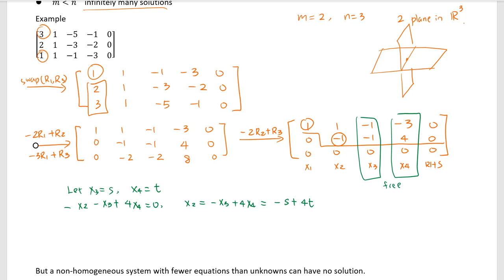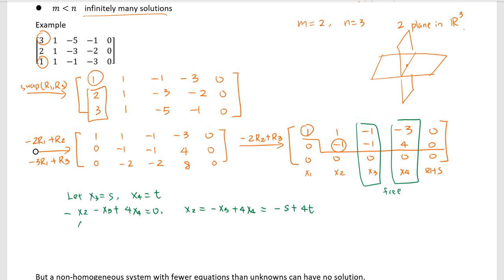And then look at the first row. First row tells us that x1 plus x2 minus x3 minus 3x4 is 0. Well, then x1 equals negative x2 plus x3 plus 3x4.